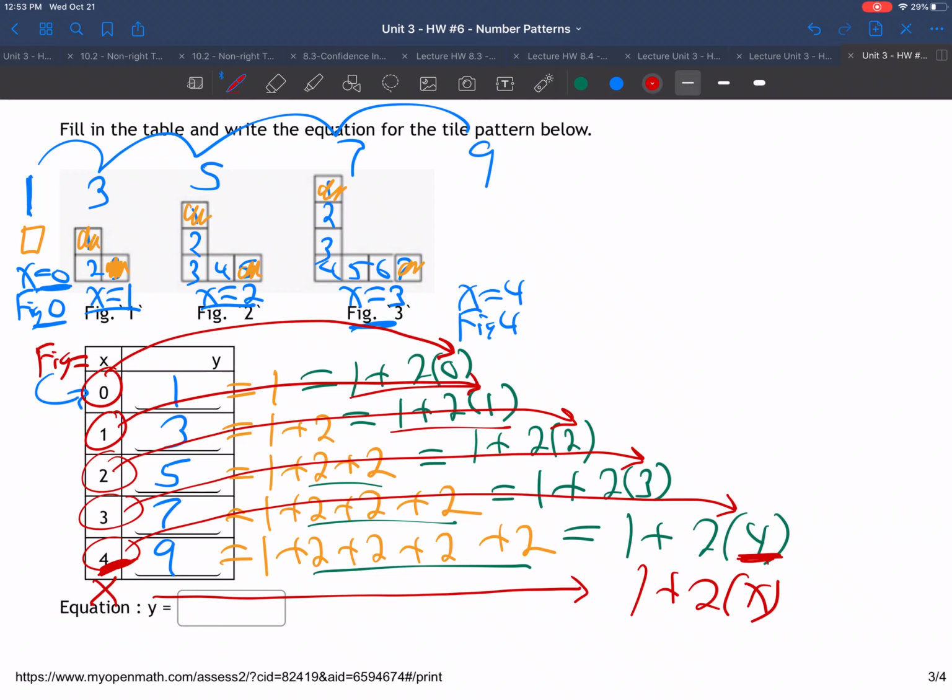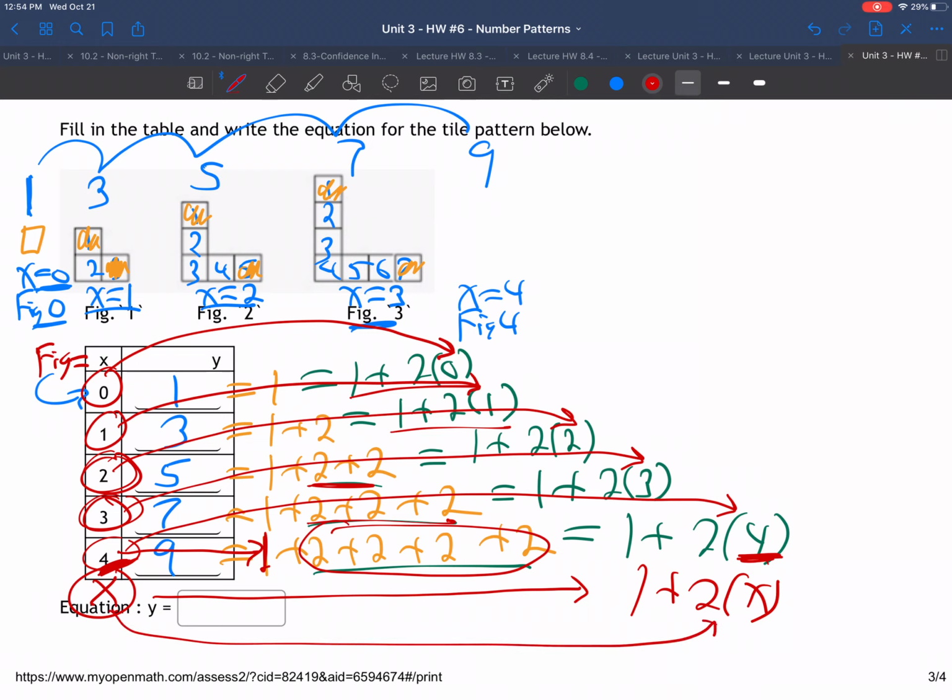The fourth figure has 4 2's. It starts with 1 and adds 2 4 times. The third figure, x equals 3, has 3 2's. The second figure, x equals 2, has 2 2's. So the xth figure has 1 add x 2's.